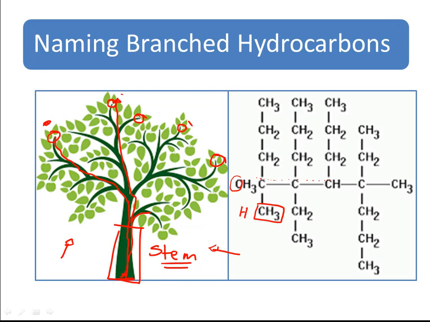You might find when you measure that this might be the longest, or that might be the longest, or that might be the longest. So it doesn't necessarily mean that your longest route to the tip of the tree is always going to be the straight one. It doesn't work like that all the time. Same with hydrocarbons. It doesn't mean that my longest chain is always going to be a straight horizontal one or vertical one.